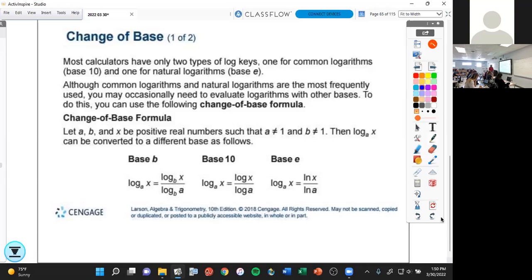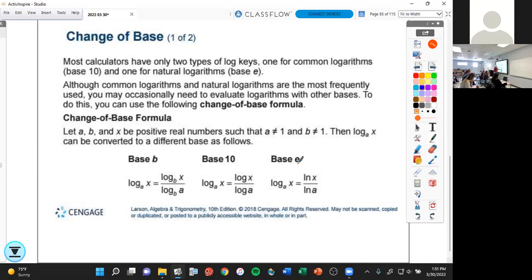What is natural log? What is the base for natural log? We talked about it yesterday. E. So if I wanted to change log base a of x to natural log, it would simply be natural log of x divided by natural log of a. Done.